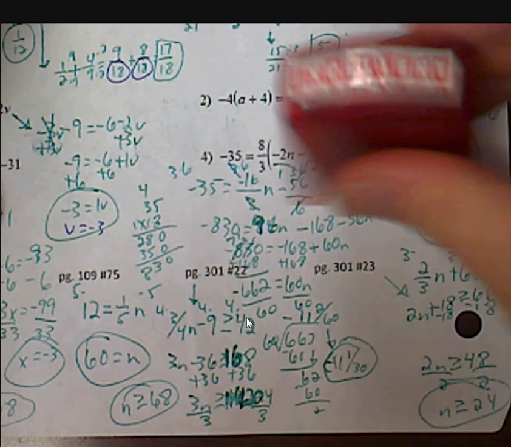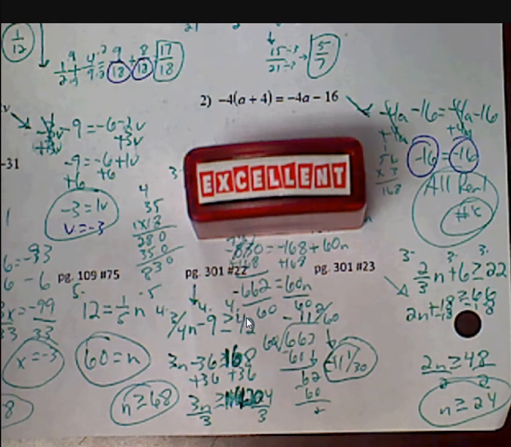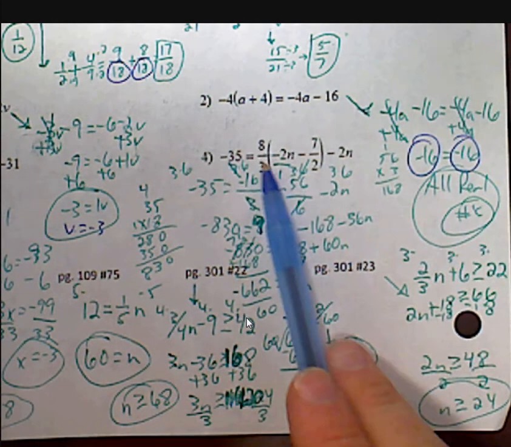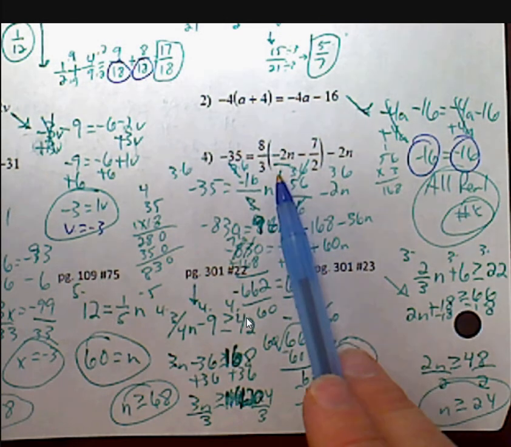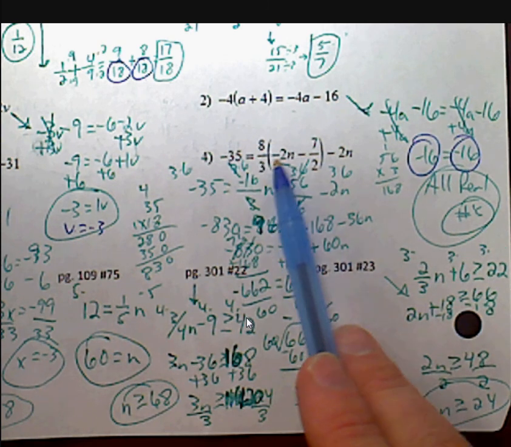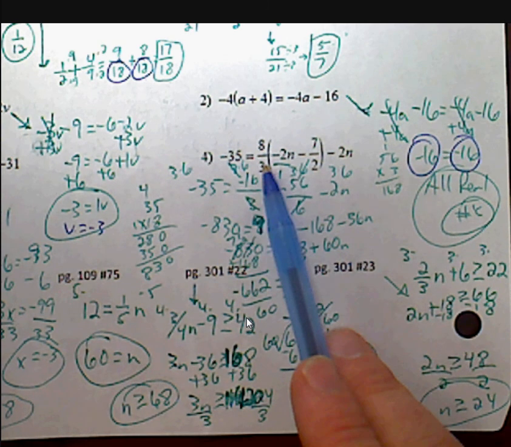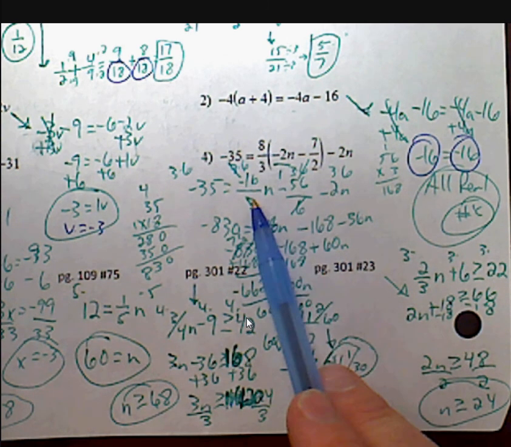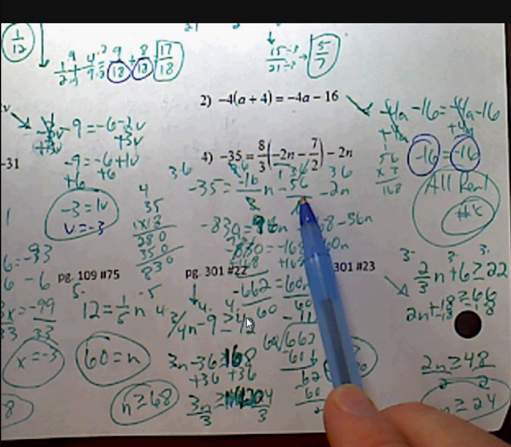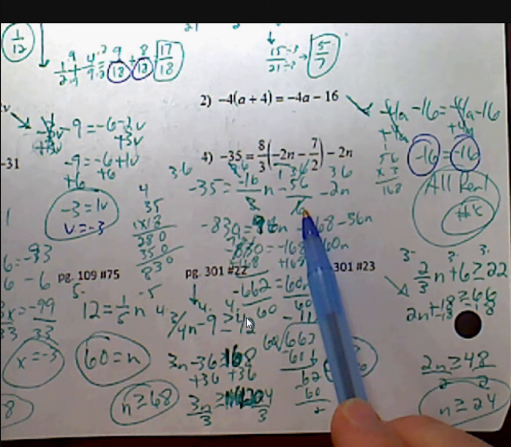Number 4. Pause the video and try. On number 4, I distributed. I put a 1 under the negative 2. 8 times negative 2, negative 16. 3 times 1 is 3. 8 times negative 7 is negative 56. 3 times 2 is 6.